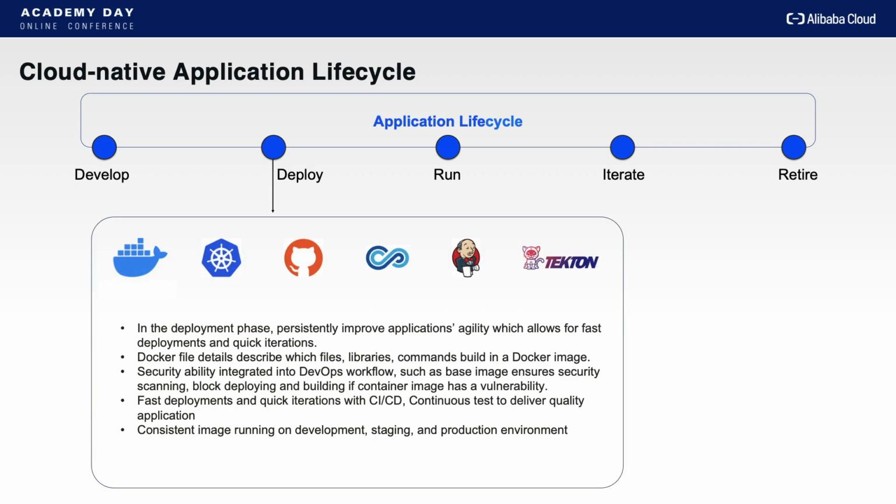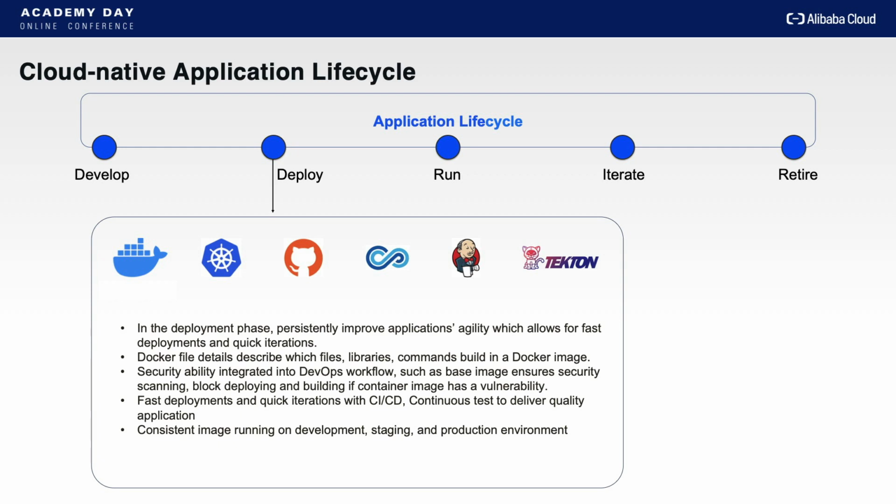The next phase is the deployment phase. In this phase, we have to persistently improve the application's agility, which allows for fast deployment and quick iterations. The Dockerfile describes which files, libraries, and commands build a Docker image.